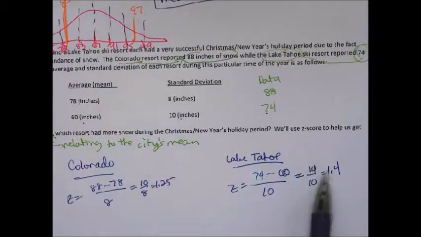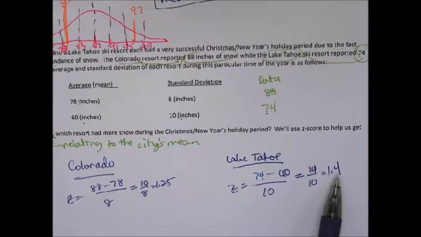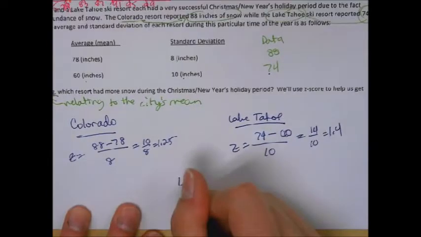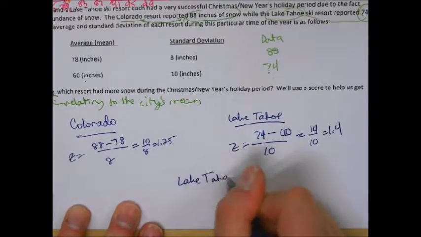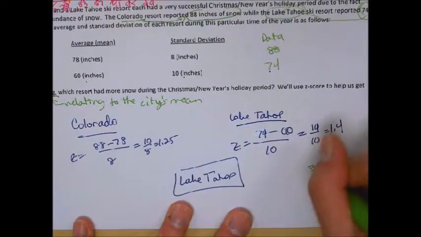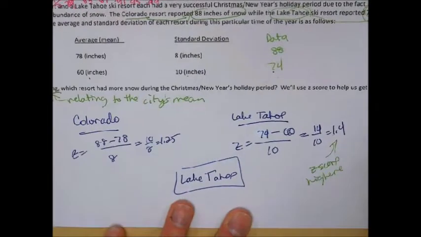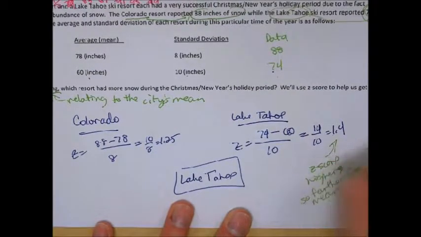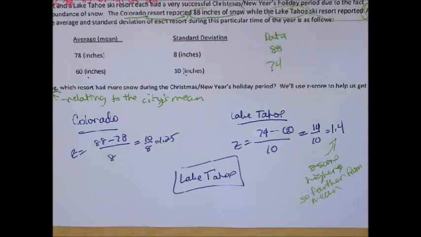Well, compared to the mean, this one's farther away. So we're going to say Lake Tahoe. Since the z-score is higher, the data is farther from the mean.